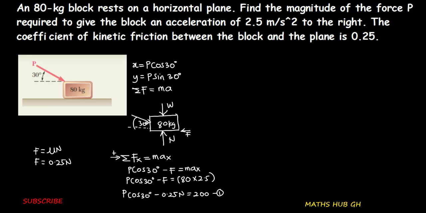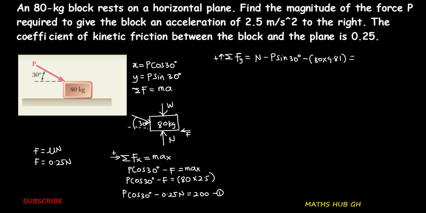Now let's consider the sum of the forces in the vertical direction. For the forces in the vertical direction, we have the weight force, the normal force, and the y component of the force P. The normal force is pointing upwards, so that would be positive: N. Then the y component of the force P will be negative, so minus P sine 30 degrees, and then minus the weight force, which is 80 kilograms times 9.81.